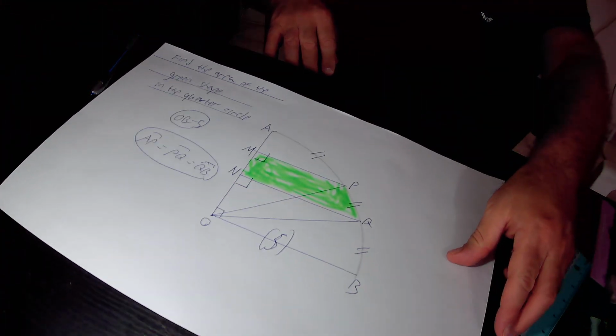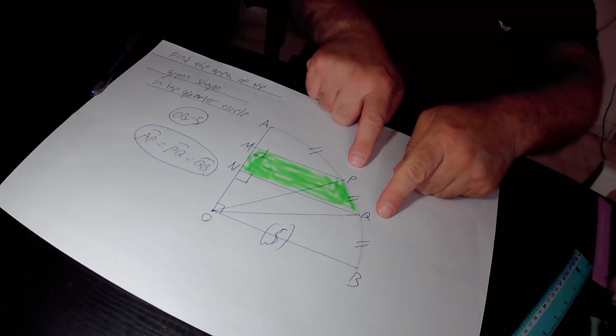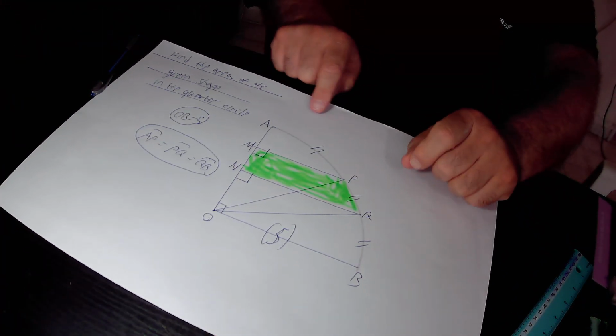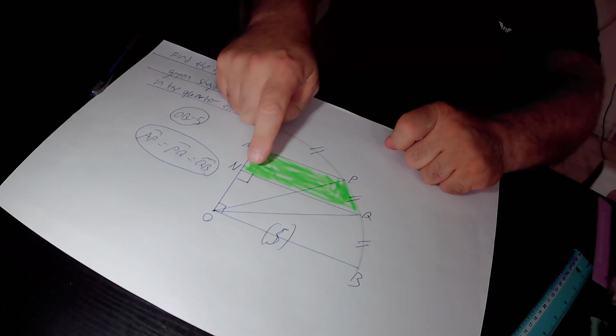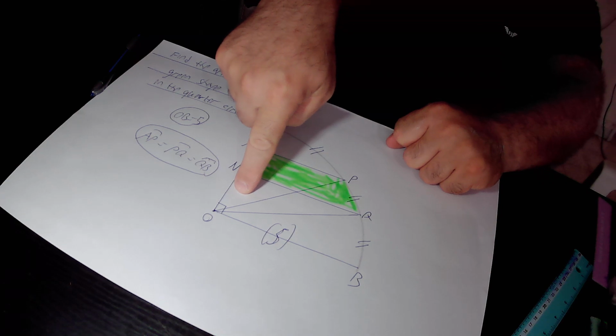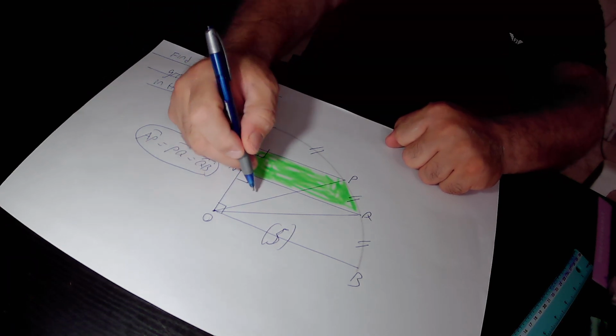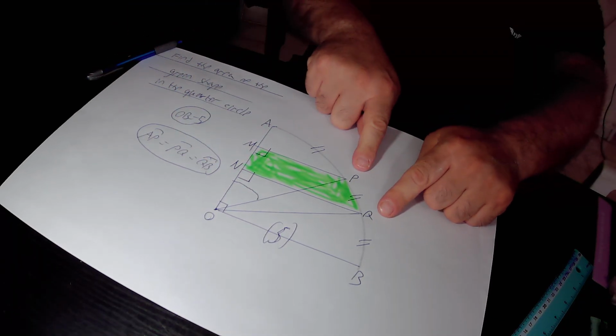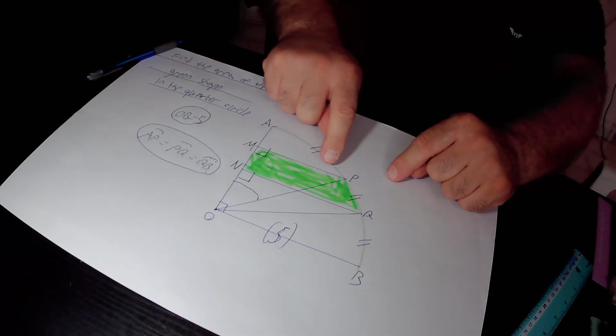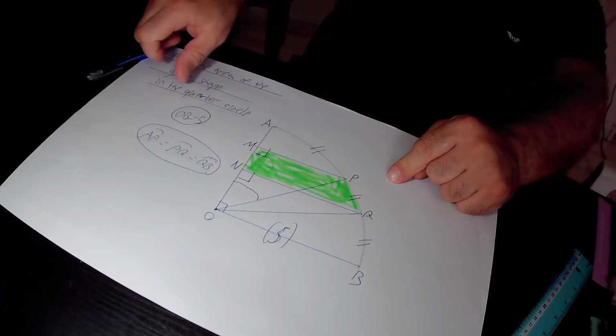In our drawing, we know that arc AP equals arc PQ equals arc QB. In front of this arc AP, we have this central angle AOP. In front of this arc PQ, we have this central angle POQ.